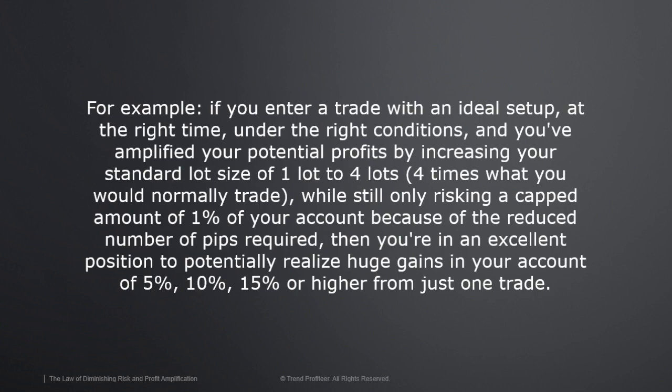For example, if you enter a trade with an ideal setup at the right time under the right conditions, and you've amplified your potential profits by increasing your standard lot size of 1 lot to 4 lots, 4 times what you would normally trade, while still only risking a capped amount of 1% of your account because of the reduced number of pips required, then you're in an excellent position to potentially realize huge gains in your account of 5%, 10%, 15%, or higher from just one trade.